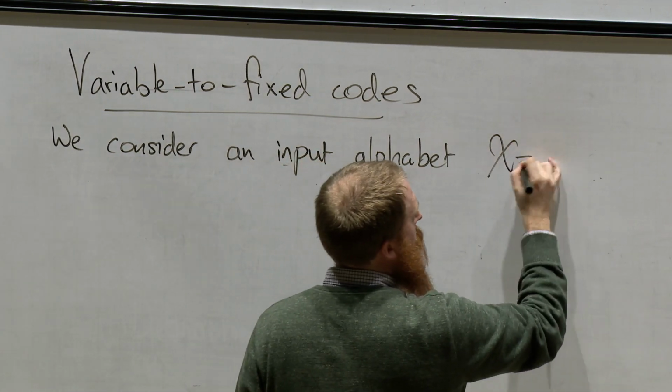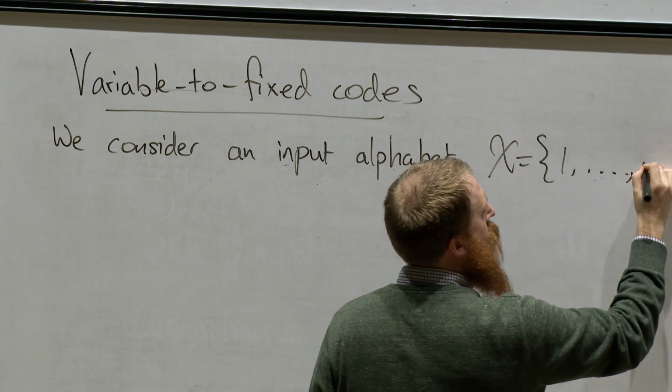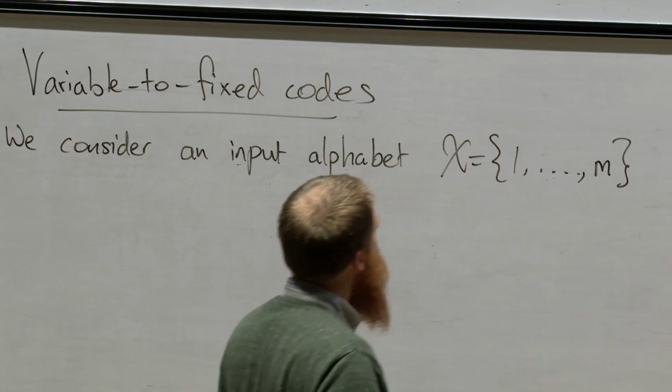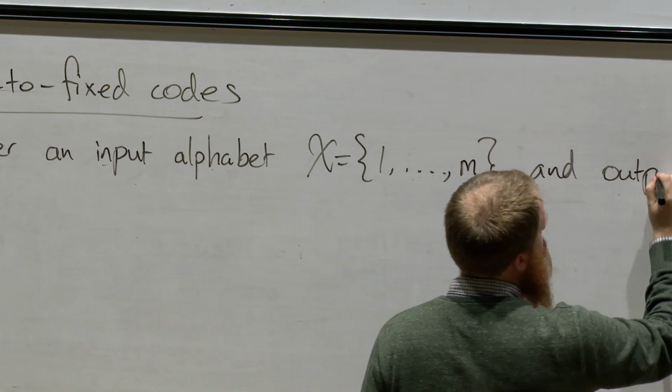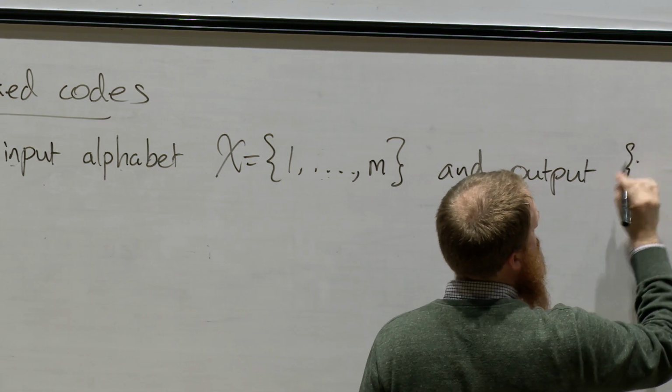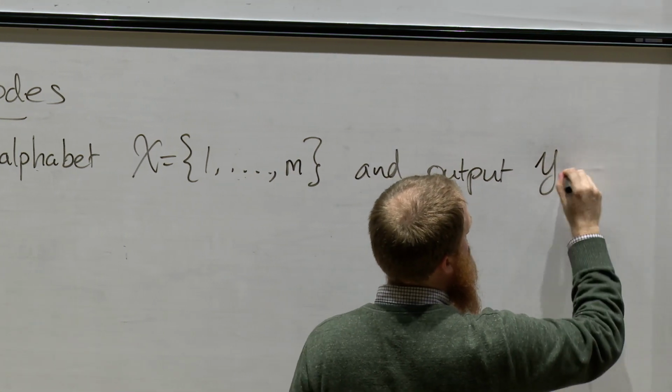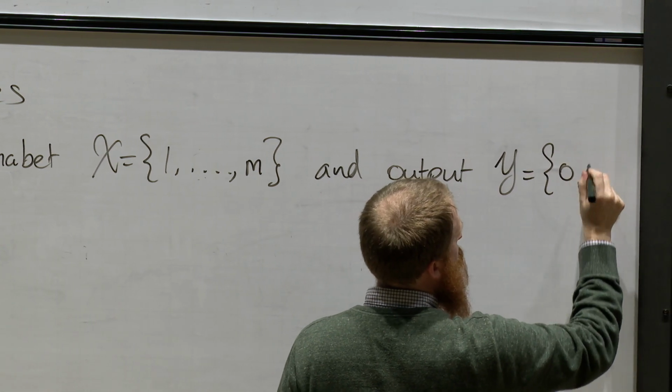Let's keep it simple. X is 1 through to m. Okay, and output, let's say Y. We'll just focus on binary codes, 0, 1.